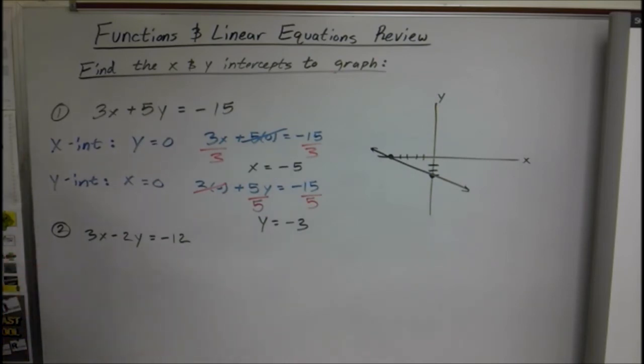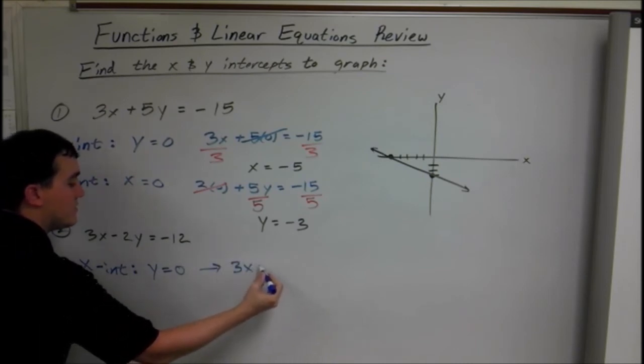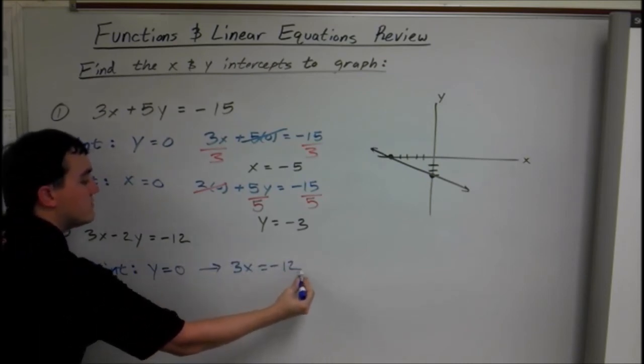So we're going to do the same thing for this. 3x minus 2y equals -12. So to find our x-intercept, plug in y equals 0. So our y term is going to disappear here. So we're just going to have 3x equals -12.